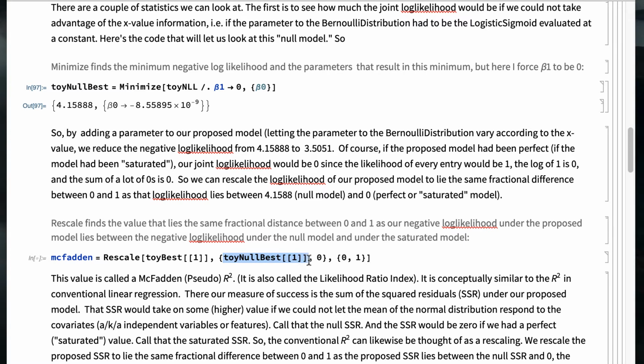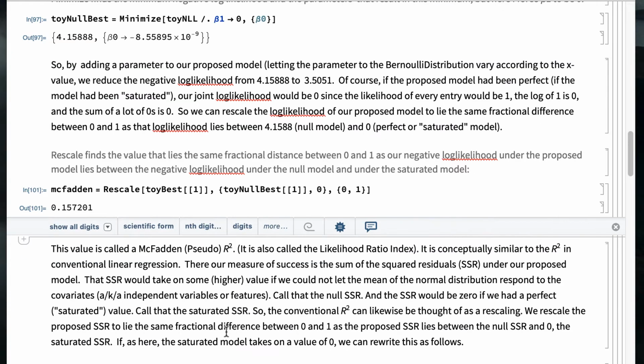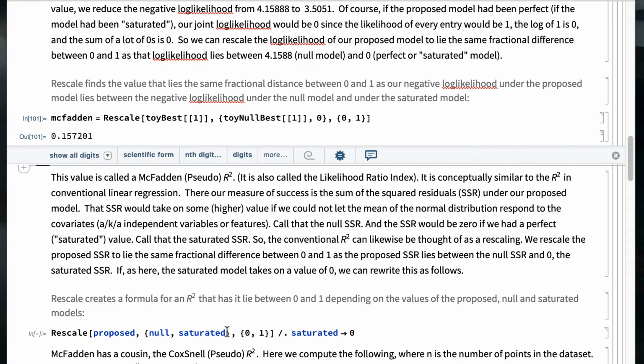So if we were perfect, we'd get 1. And if our model was incredibly awful, we'd get 0. We'll call this output McFadden. All right, we get 0.157. And that value of 0.157 is called a McFadden pseudo R-squared.